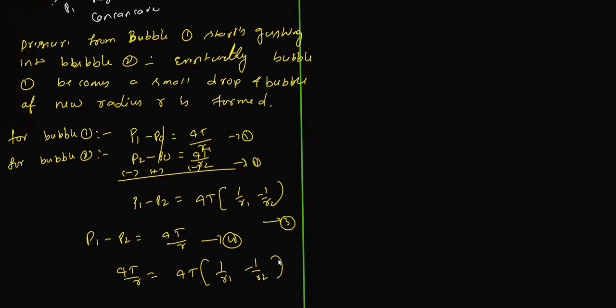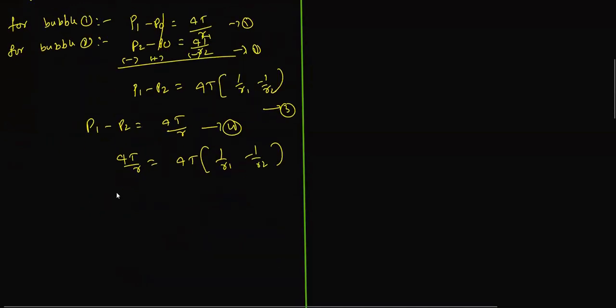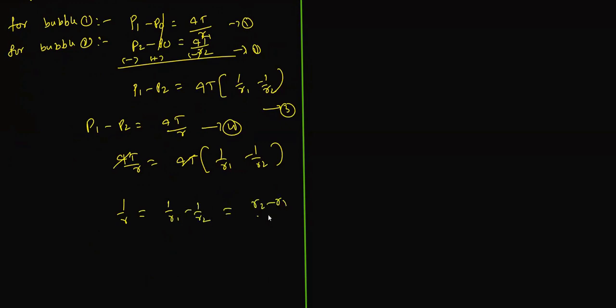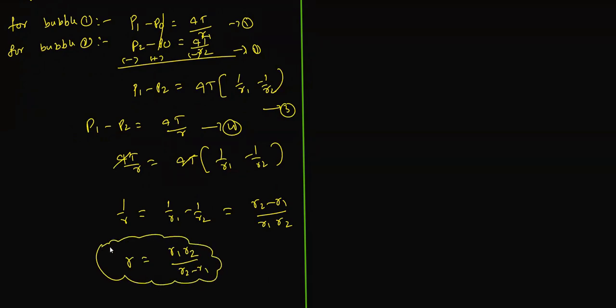The 4T gets cancelled. So 1 by R equals 1 by R1 minus 1 by R2. Taking the LCM, R2 minus R1 divided by R1 R2. Reciprocating, R equals R1 R2 by R2 minus R1. This is the new bubble radius.